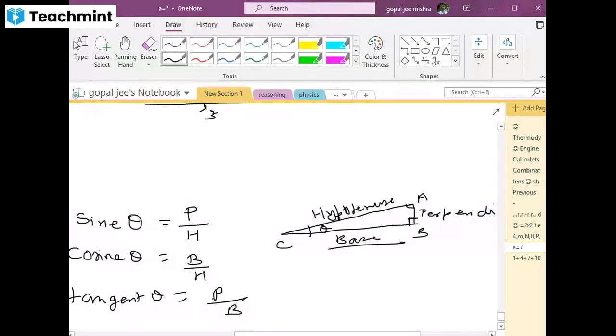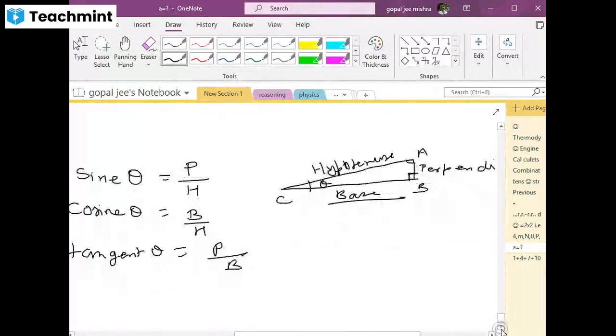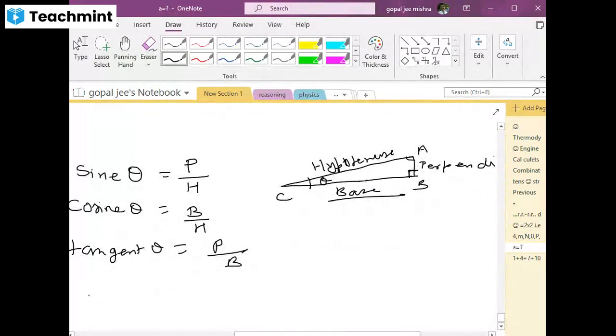And you know, the ratios can be defined in an inverse manner also. The inverse of cosine theta is defined as secant theta. You can observe secant theta is hypotenuse upon base.